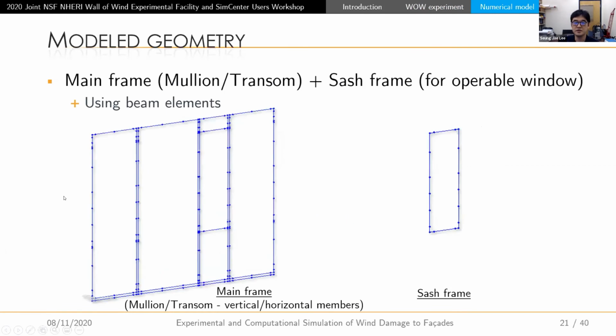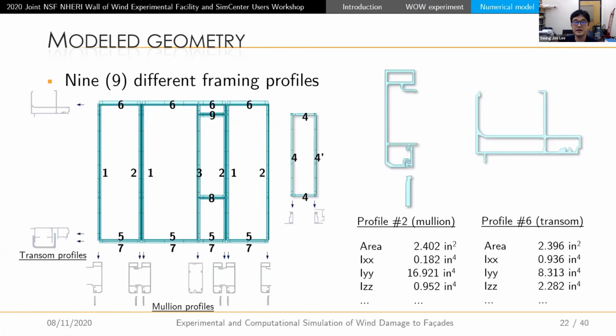We used 12-degree-of-freedom 3D beam elements to model the frame elements. We realized there are 9 different framing profiles we need to model. Here, these two are the transom profiles, or actually 3, so 5 and 7 are on top of each other. These are transom profiles, and these are mullion profiles, so vertical members, and these are horizontal members.